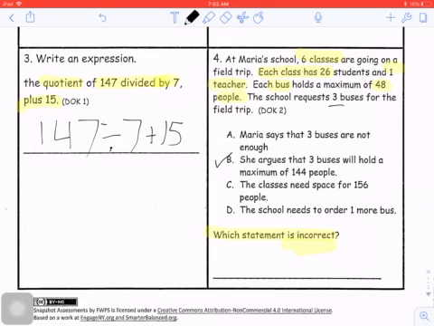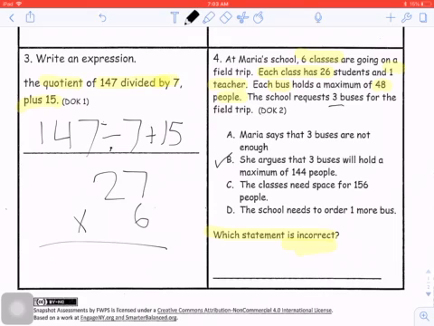The classes need space for 156 people. So let's figure that one out. We have 6 classes. Each class has 26 students and 1 teacher. So the easy way to do that would just be to add that teacher with those students. So we've got 27 times 6.